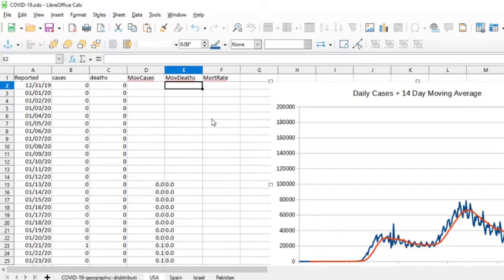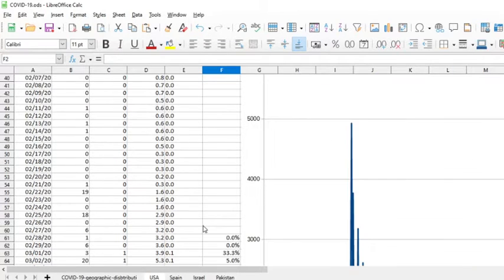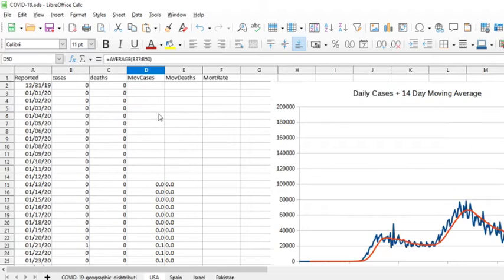All right. Then we come down to mortality. Mortality rate is simply, one thing I do is I convert these columns to numbers. So instead of formulas like here, I convert it to a number. That's actually fairly simple to do.